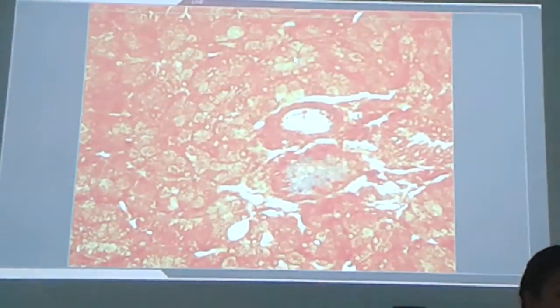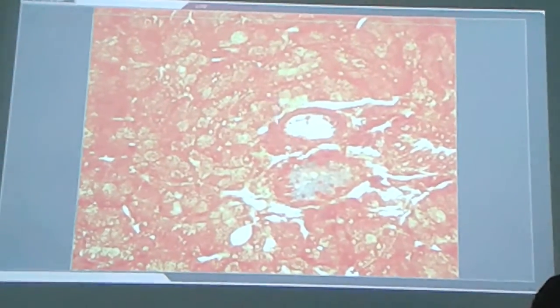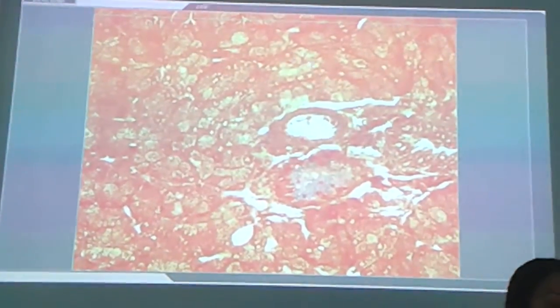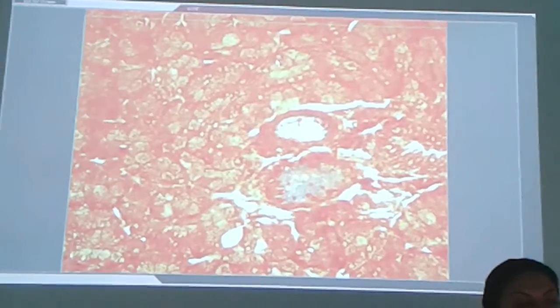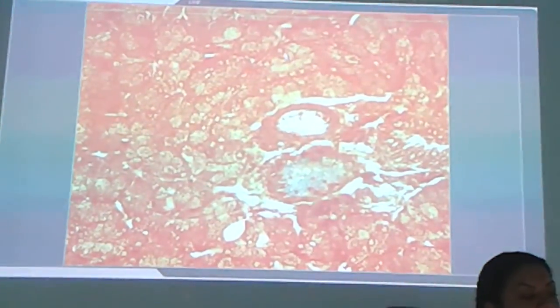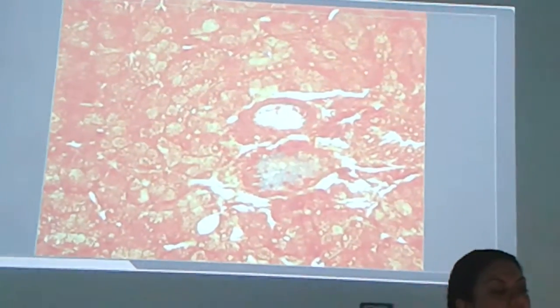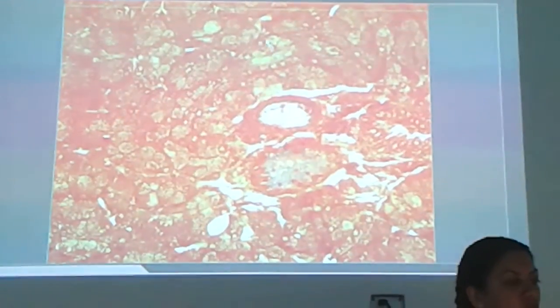Centroacinar cells. Unfortunately, it's not clear here, but in the acini, the location where the nucleus is located stays more basophilic, and the cytoplasm stays more eosinophilic because of zymogen granules.